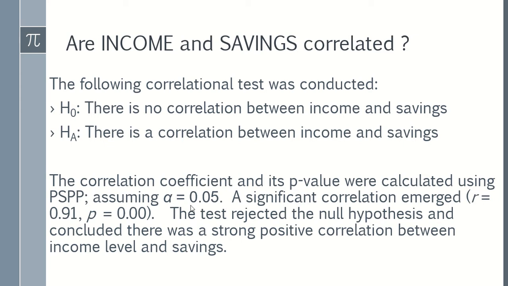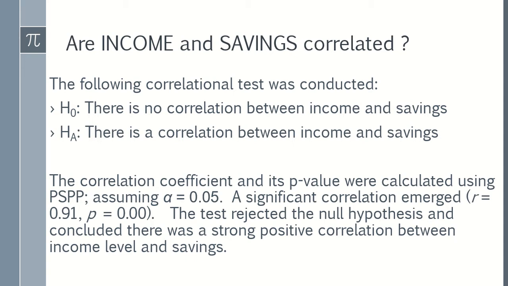We therefore can conclude that there is a strong positive correlation between income level and savings. A correlation equal to 0.91 really means that as the income level increases, so do the savings as well.